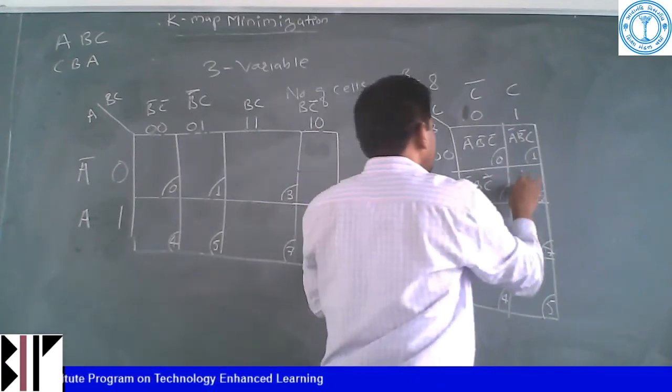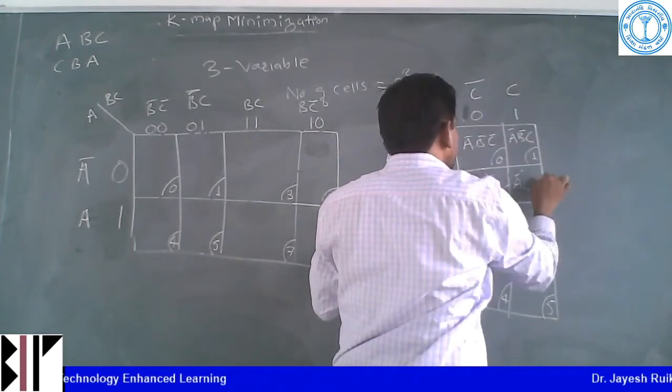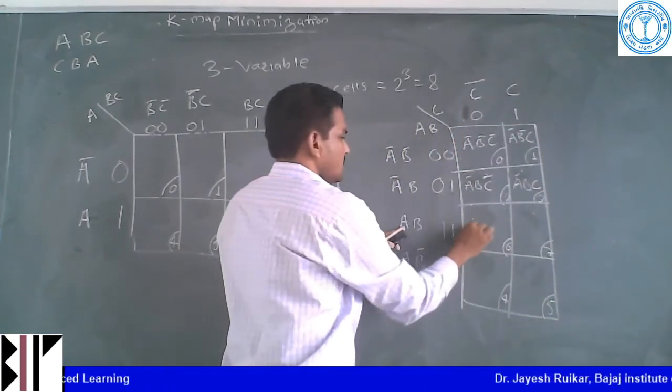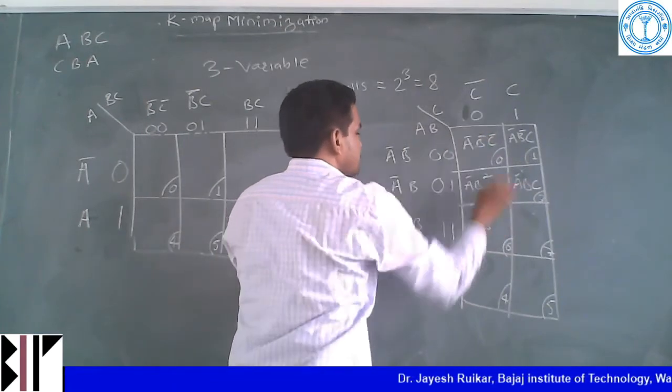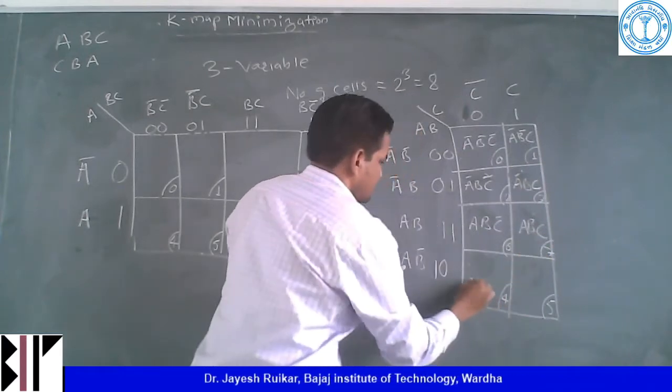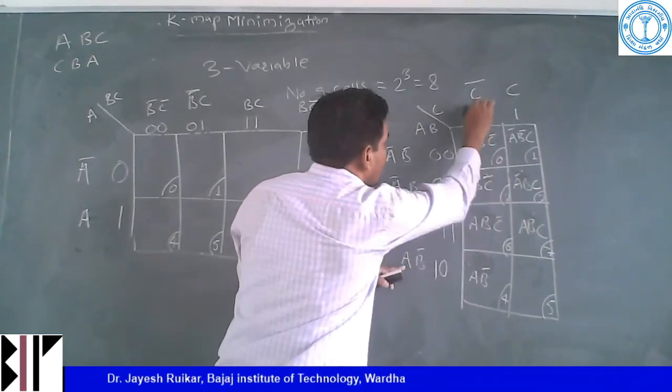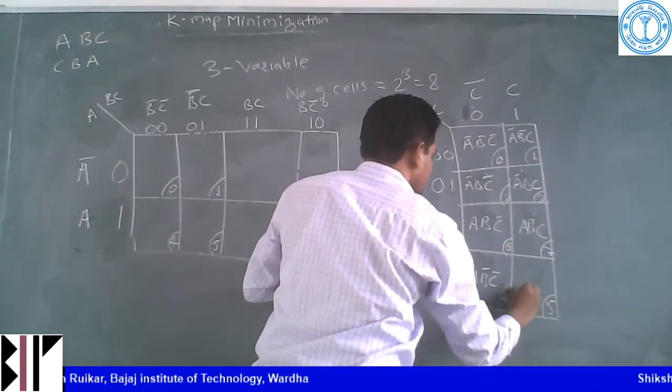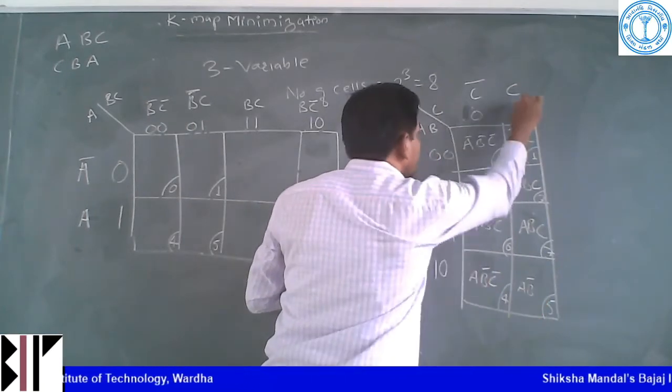Here A bar, B and this is C. Here A, B and this is C bar. A, B and this is C. This is A, B bar and C bar. This is A, B bar and C.